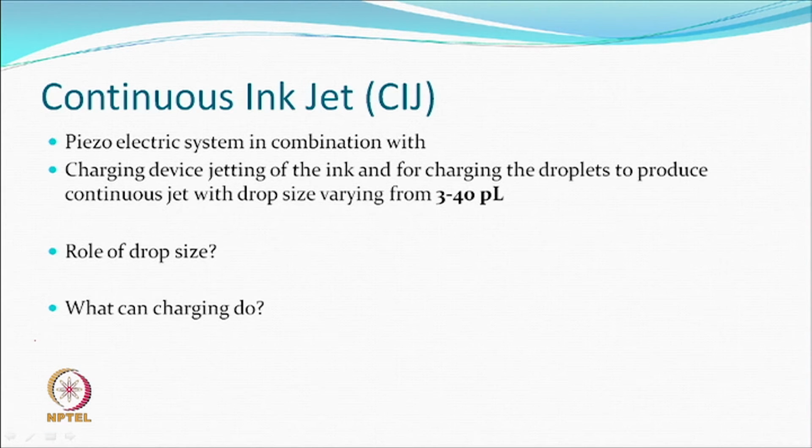What can charging do? If you have a big drop and it is charged, the charge normally likes to reside only on the surface. But the same charges at different places also repel each other. If it was solid, the charge repulsion force is not high enough to break the solid.